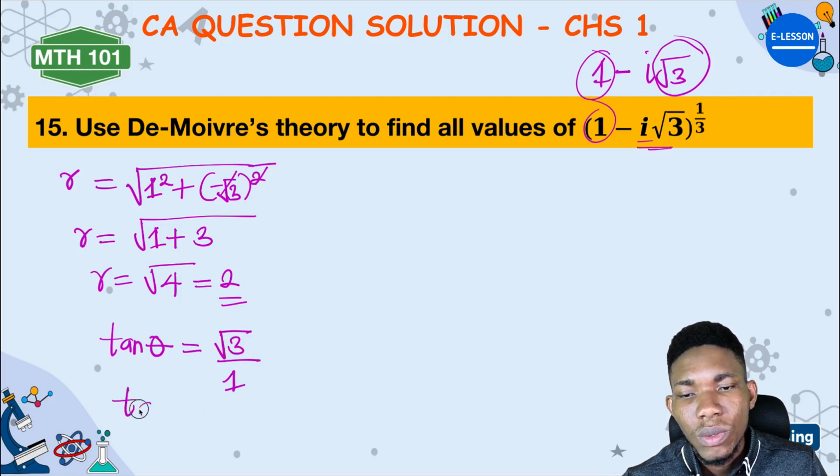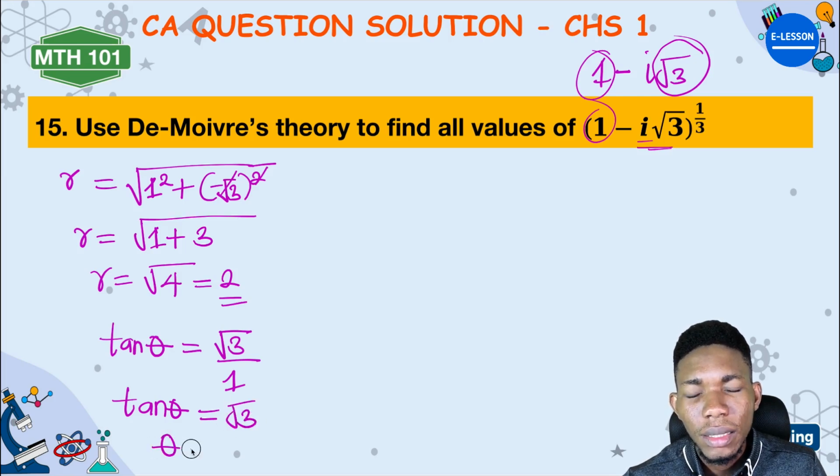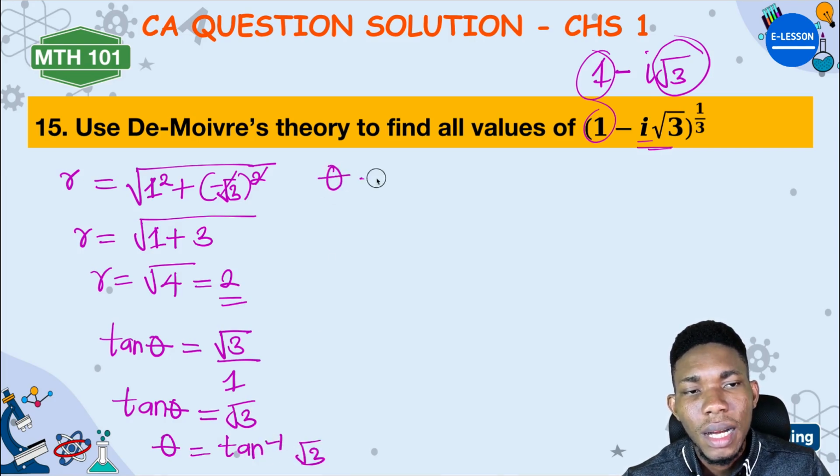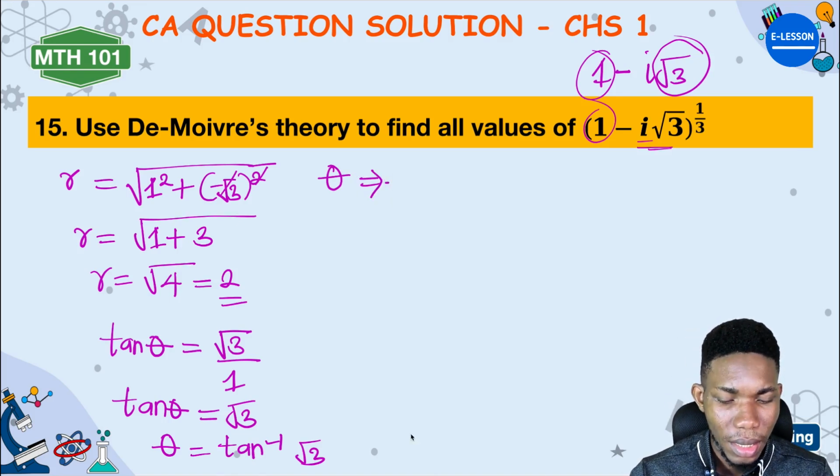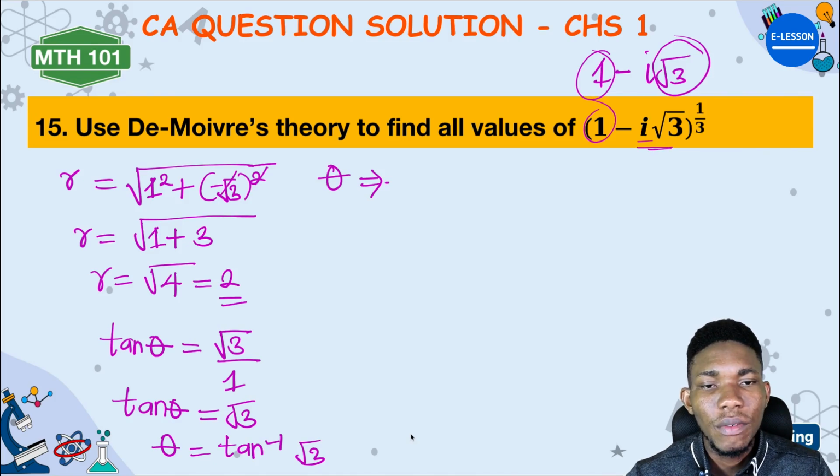All right? So tan theta will be equal to root 3. So theta will be the tan inverse of root 3. What do you think is the tan inverse of root 3? We'll use shift tan root 3. That gives us 60 degrees.